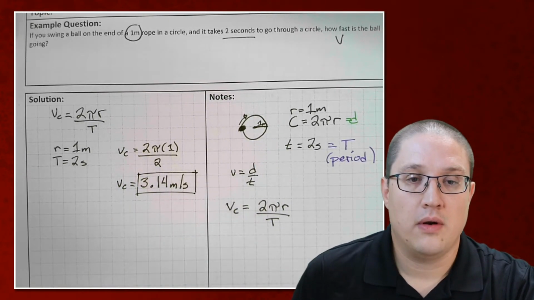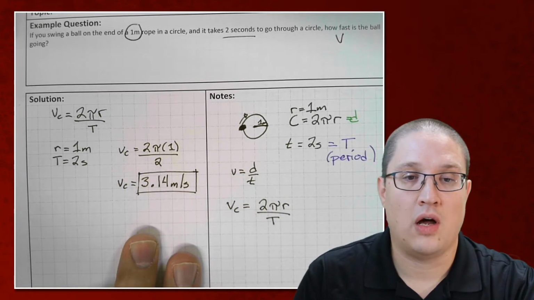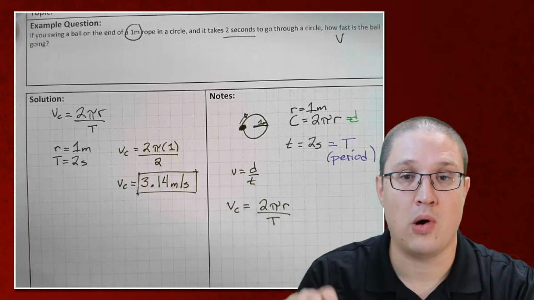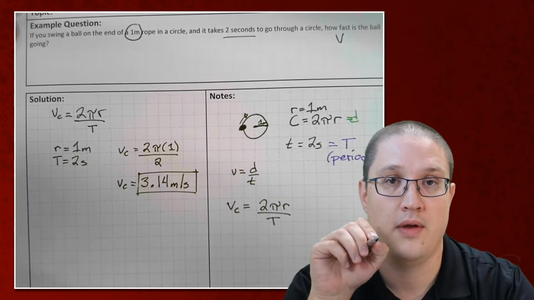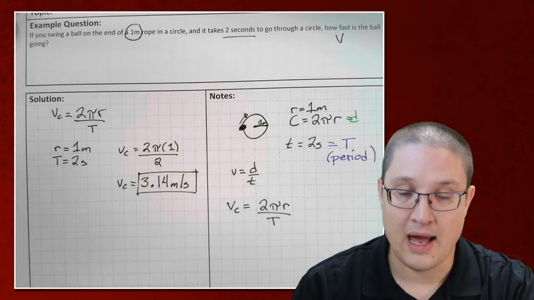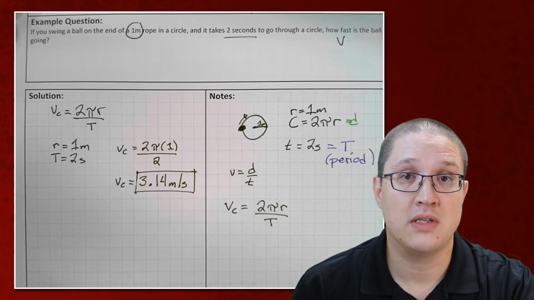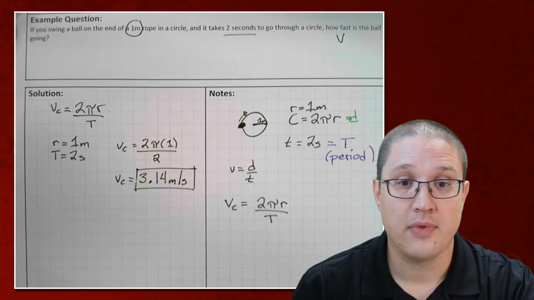One thing to note, this is my circular velocity if I have the period, or how long it takes for the ball to go all the way around the circle. If I'm looking at my frequency, which if you remember back to grade 11 physics, frequency and period are related.